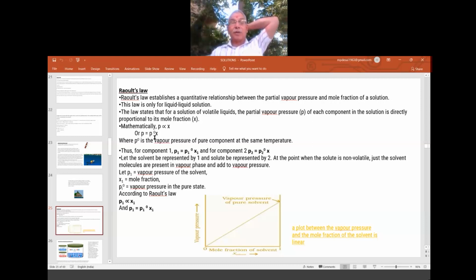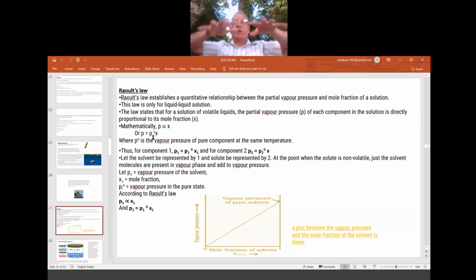So what is P naught? P naught is the vapor pressure of a particular liquid or component in the pure condition. Means you take only petrol, 1 liter, and close it. Its vapors come in the beginning more and more, and afterwards condense, again becoming petrol.